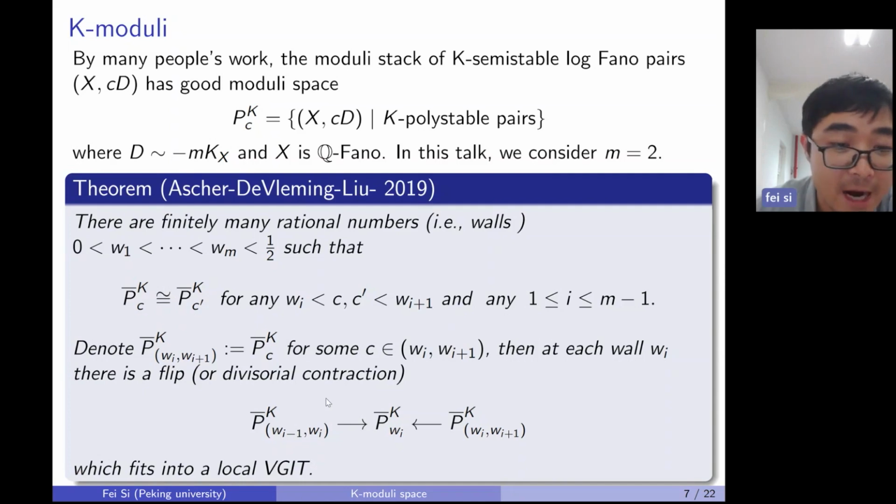More importantly for us, if you look at the local behavior of this wall crossing, there is a general framework called local VGIT theory. Actually, they prove that this wall crossing is just local VGIT theory.